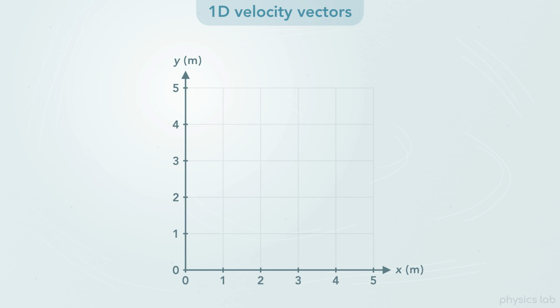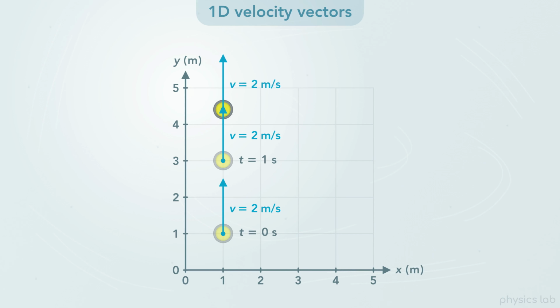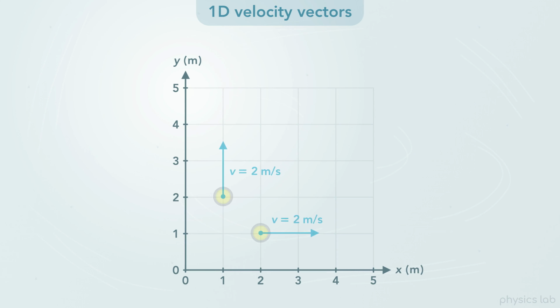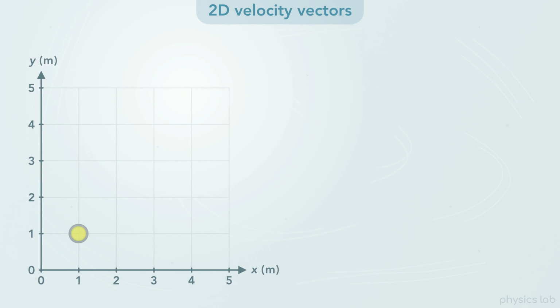If the stone was moving in the y direction at 2 meters per second, then the velocity vector would look like this, and it would be the same at every point in time. So those are examples of one-dimensional velocity vectors. Now, what if the stone is moving 2 meters per second, but it's moving in two-dimensional motion? Then the velocity vector would look like this. It points in the direction of the velocity.